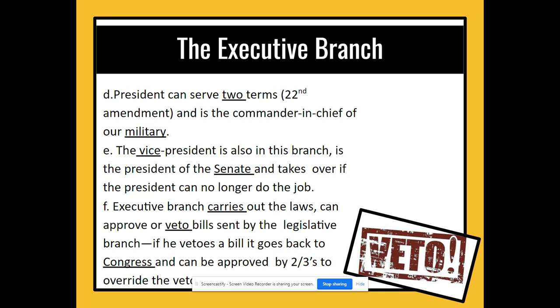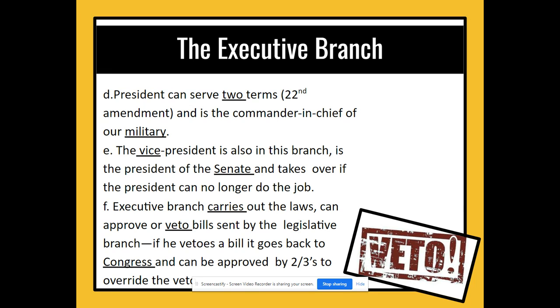So they set up the presidency in the 22nd Amendment to only allow for a two-term presidency, and that president was also considered the commander-in-chief of our military. So they can make very important decisions based on what's going on in other countries around us, whether or not we're going to be involved in different wars and conflicts, which we know we have over the past many years.